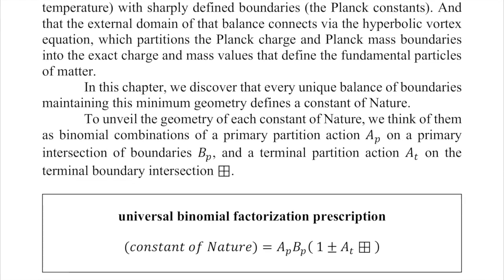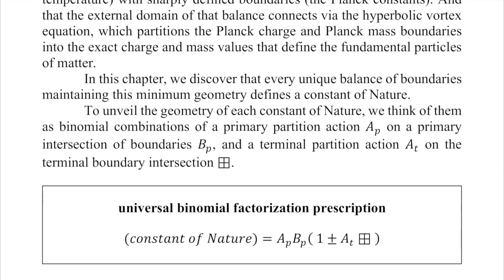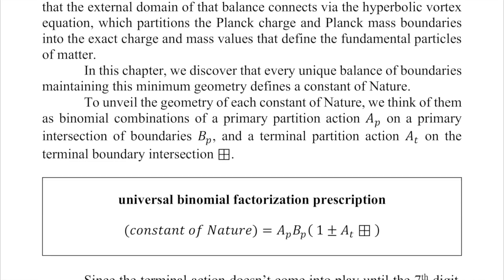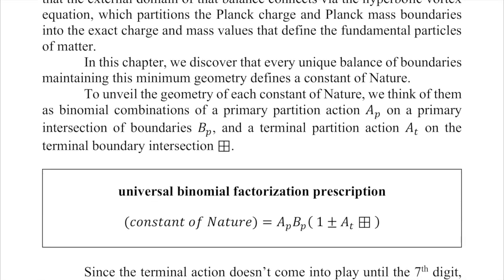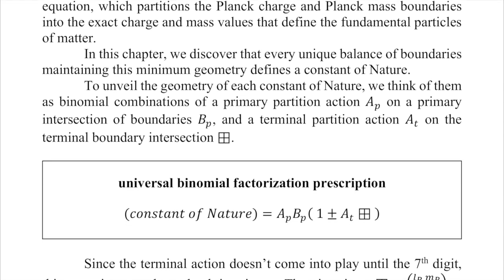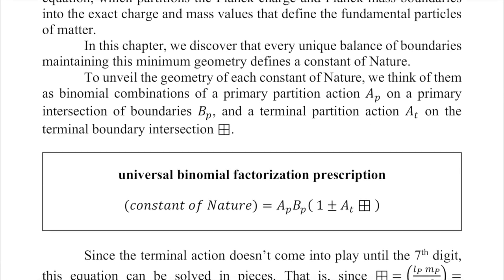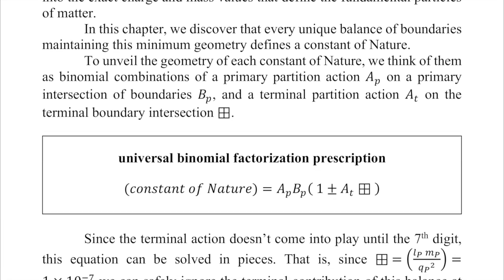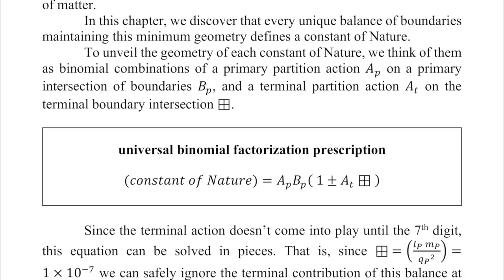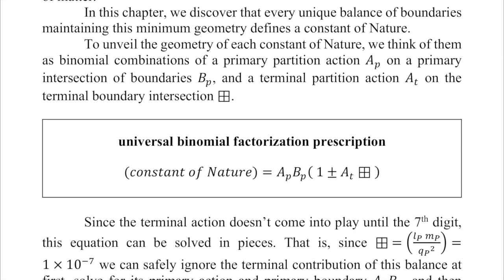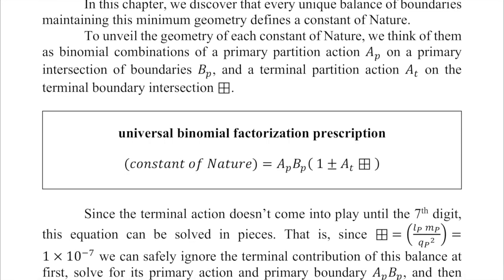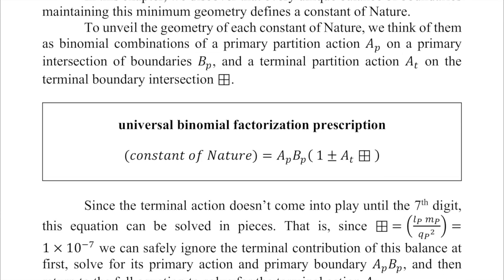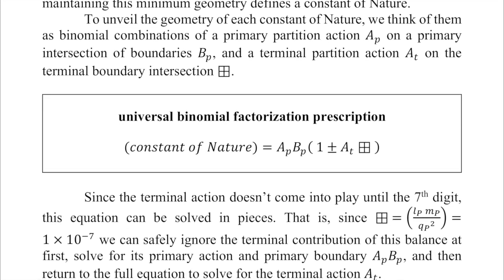To unveil the geometry of each constant of nature, any one you want to pick at all, you just think of it as a binomial combination of a primary partition action applied to a primary intersection of boundaries, and a terminal partition action on the terminal boundary intersection, the fixed one.